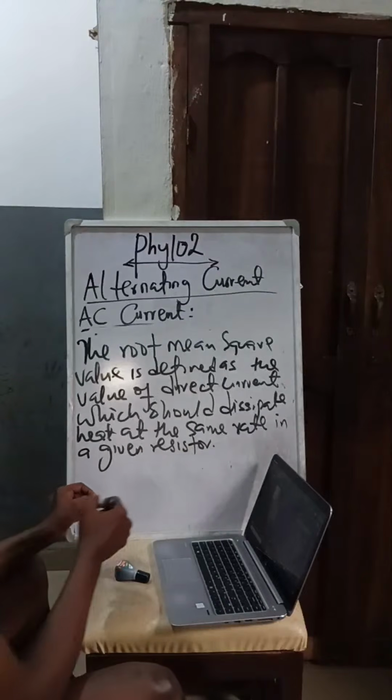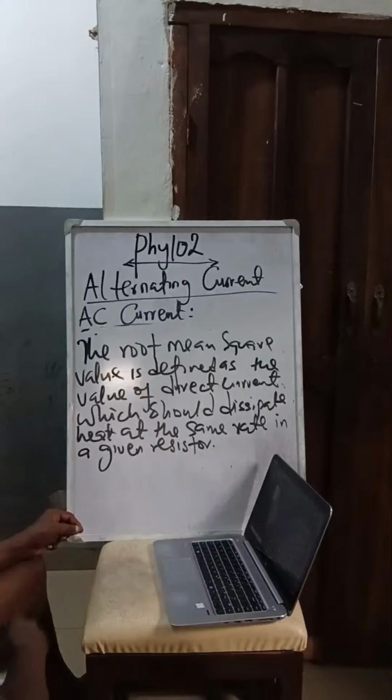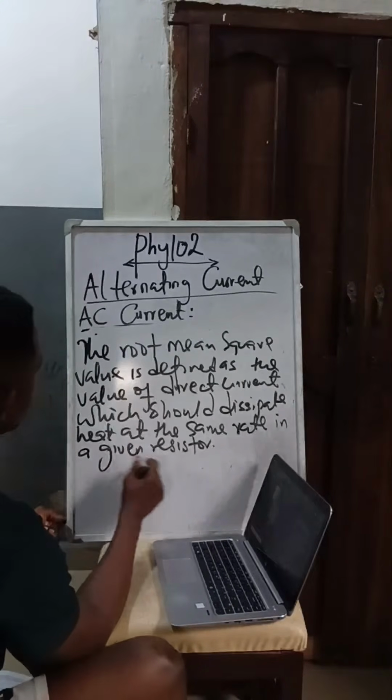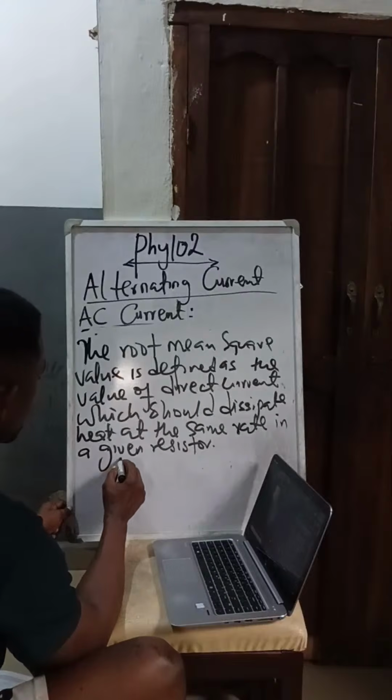So we have the root mean square voltage and root mean square current.